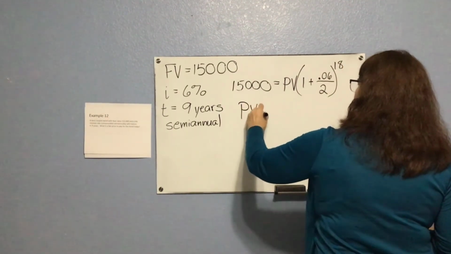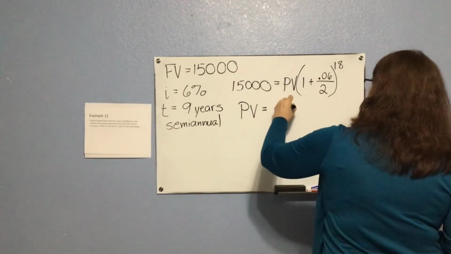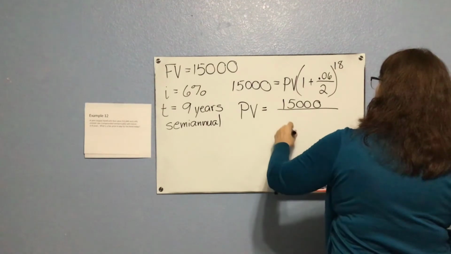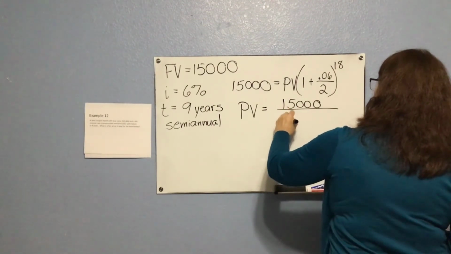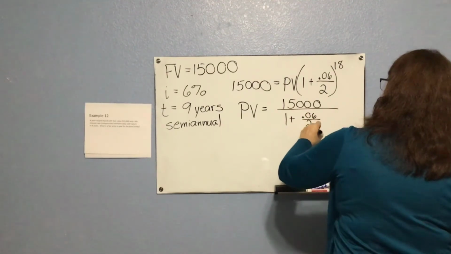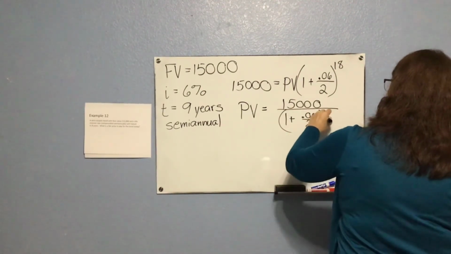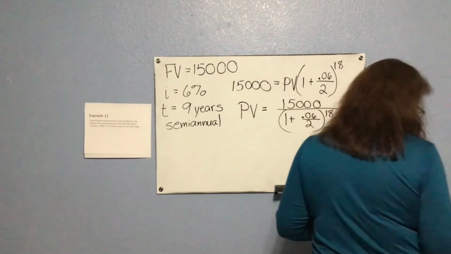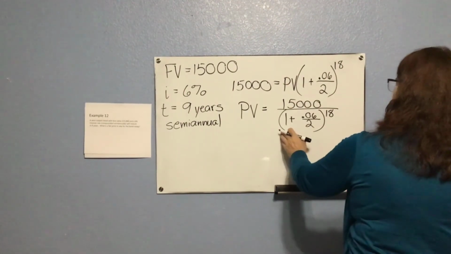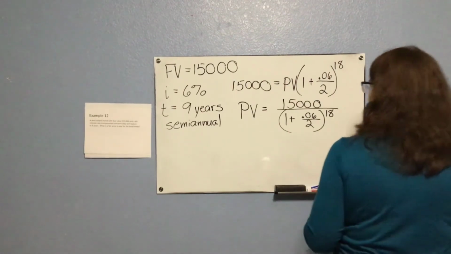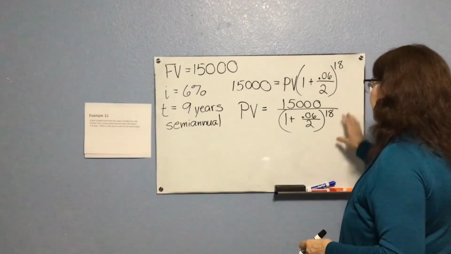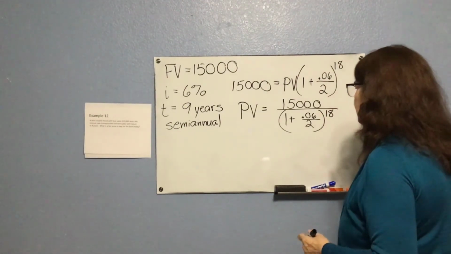So my fair present value would be 15,000 over 1 plus 0.06 over 2 to the 18th power. And again, I would not recommend that you try to put this in the calculator all at once. It's very easy to make a mistake, and then it's very hard to figure out where the mistake was.